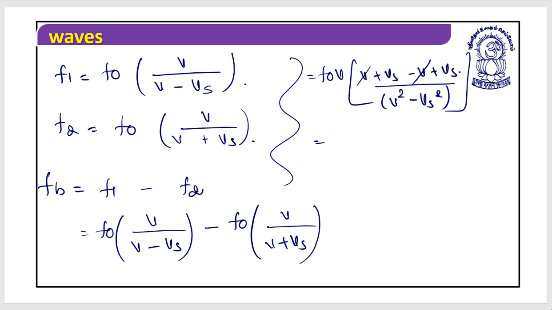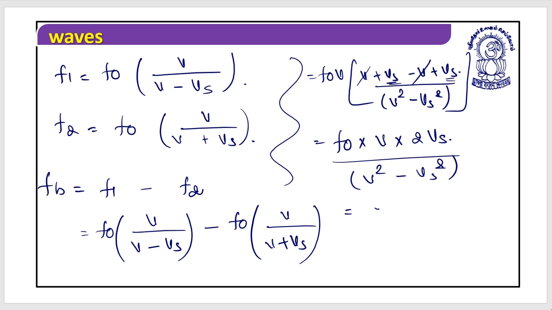As this and this have gone, this equals f naught into v into vs plus vs, which is 2vs divided by v square minus vs square. So this is 2 into f naught into v into vs divided by v square minus vs square. This can be calculated like this. I hope this is clear.